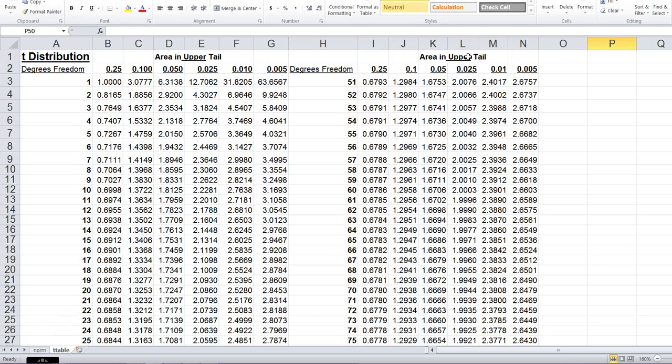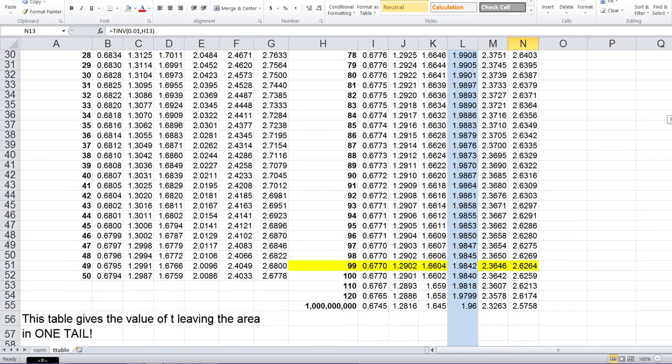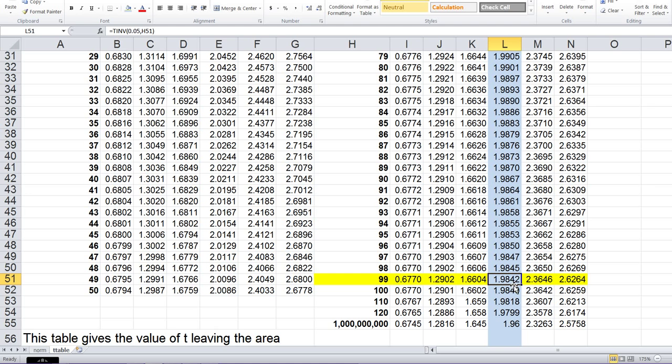That's that alpha over 2, okay? So what we want to do is look at the column here for alpha over 2. Let me highlight that column. And so if we look at the intersection of the column alpha over 2 and the row 99 degrees of freedom, that tells us that the t we need to use in this problem is 1.9842.